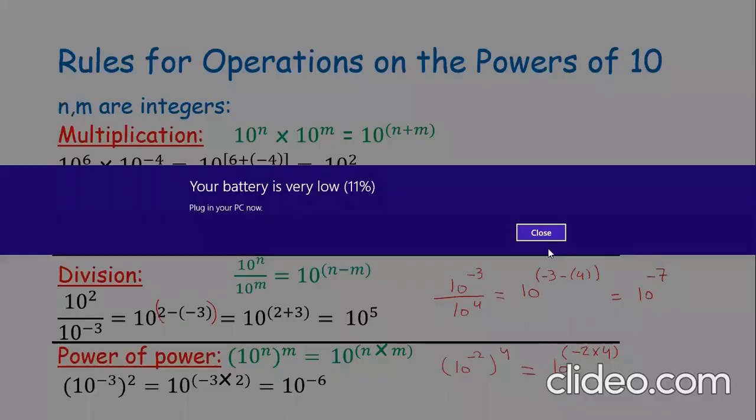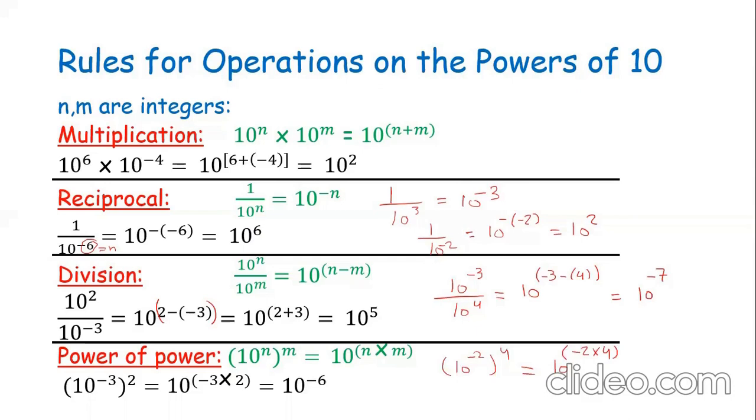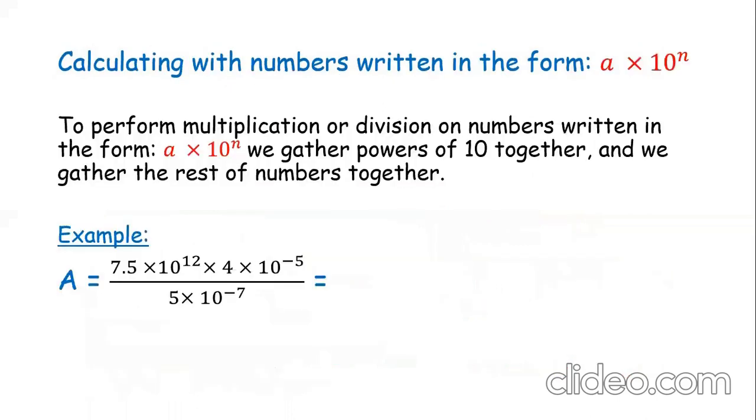And this is equal to 10 to the power of minus 8. Now, we move to calculating with numbers written in the form a multiplied by 10 to the power of n.